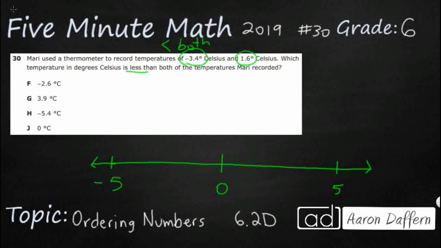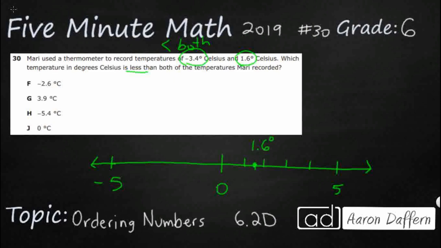1.6. So if that's 5, I'm going to want to put 2, 3, 4. I'm going to at least want to put those in there. So 1.6, here's my 1 right there, so my 1.6 is going to be right around there. Let's call that 1.6 degrees, and put a little dot right there.